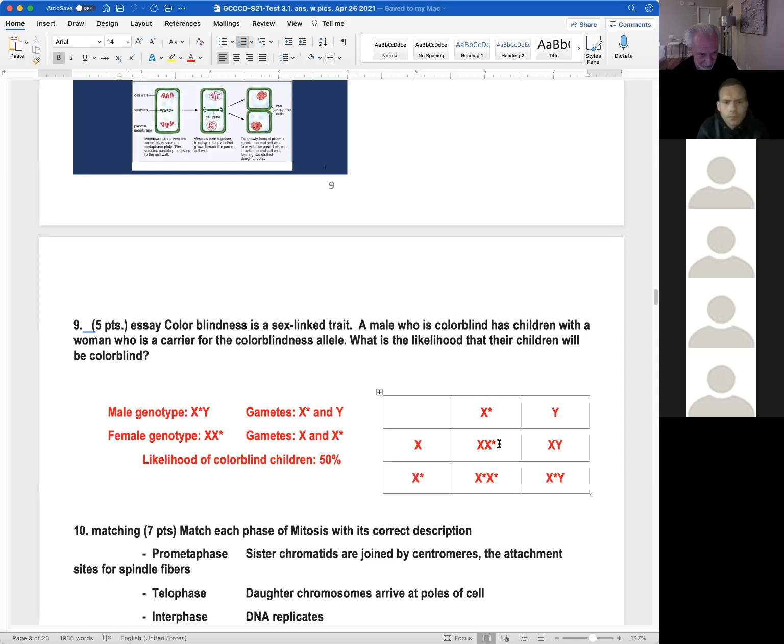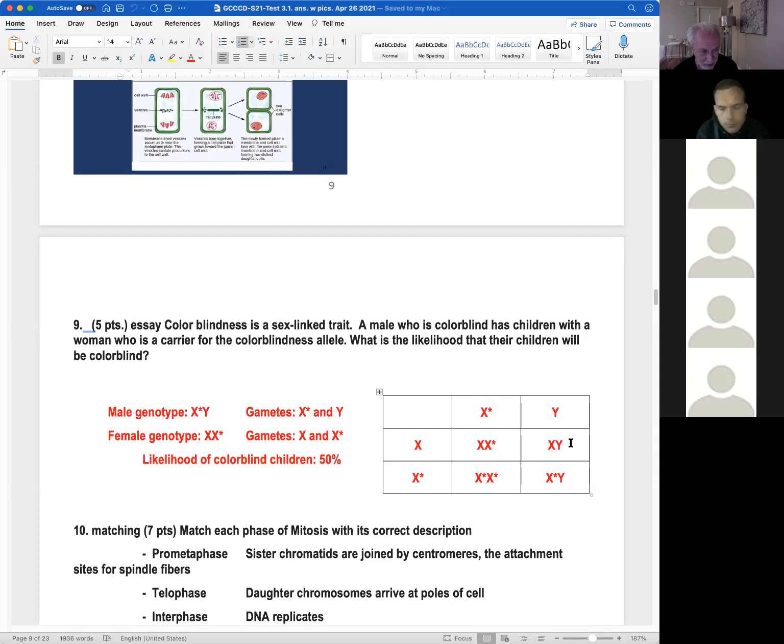X star X and X star X star, these are both females. They're both XX. One of them is a carrier because she's only got one mutation. The other one is colorblind because both of her X's are mutated. Now the other two possible progeny are boys.